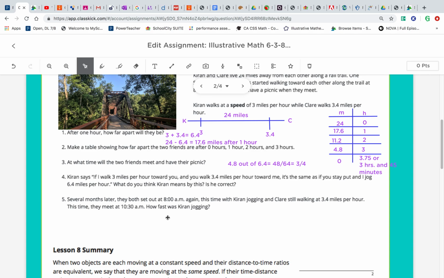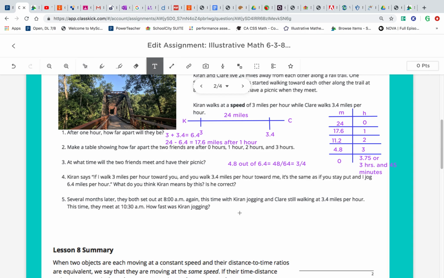Okay, so Kieran had to be jogging. He was definitely going faster than he was before, right? So we need to see how fast he was going. Claire's still walking 3.4 miles per hour. And how long did she walk for? If they met at 10:30 a.m., she had to walk for what? From 8 a.m. to 10:30 a.m., that's 2.5 hours, right? So for 2.5 hours, she went 3.4 miles per hour.